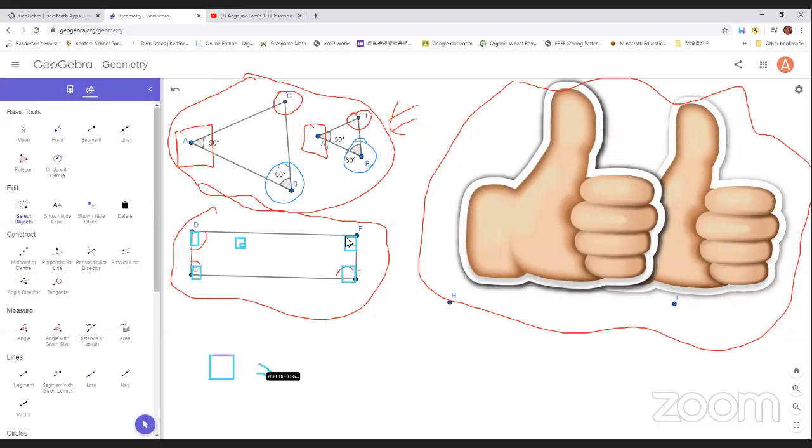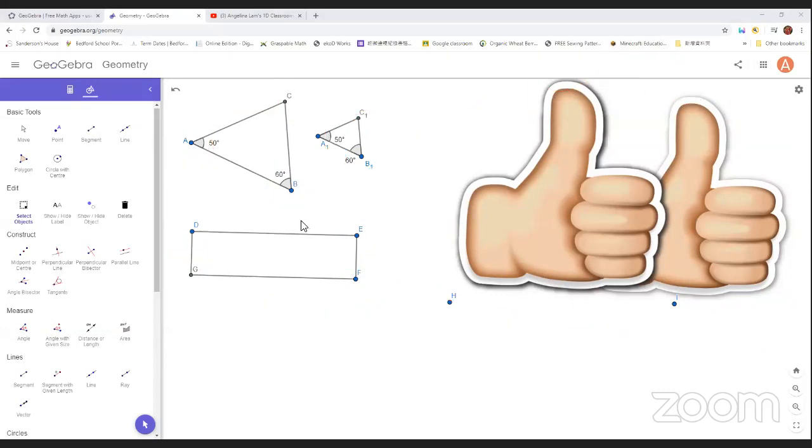But how about if I have a quadrilateral? If it is a four-sided polygon, can we just say that the angles are the same and the figures are similar? If for a four-sided polygon, if I have four 90 degrees, what do you think?